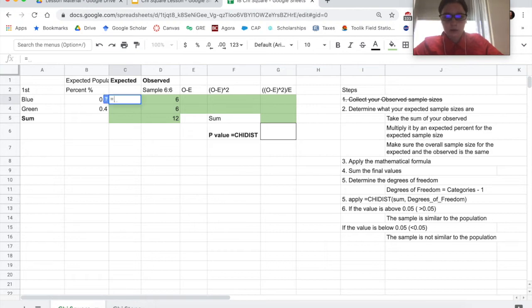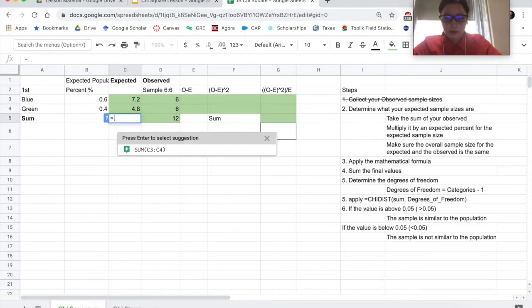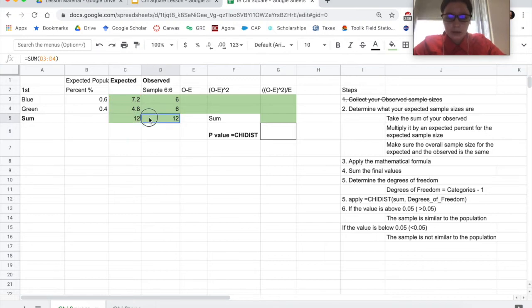So we do equals the sum of the observed times the percentage. And we'll do that here too. And now when we take the sum of the expected, they both equal 12. If they don't equal the same number, the test is not going to work.